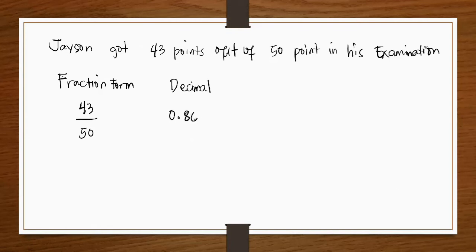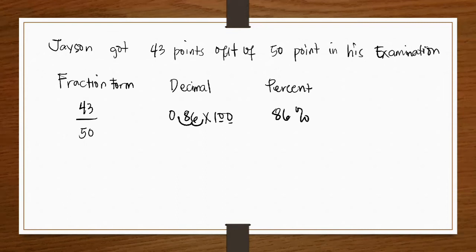Since it is 2 decimal places, then we can proceed in getting the percentage. So to get the percent, we just multiply it by 100. So we move the decimal point to the right 2 times. So therefore, 86% ang meron si Jason by getting 43 points out of 50 points in his examination.